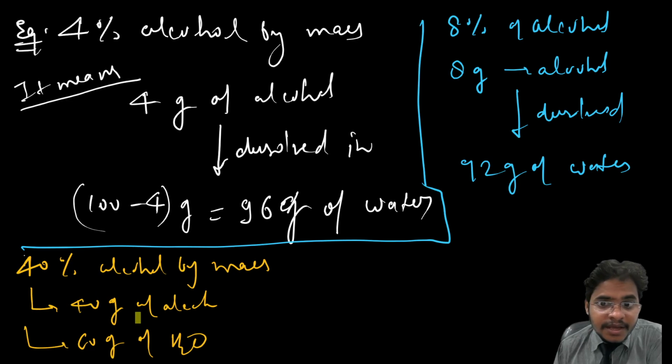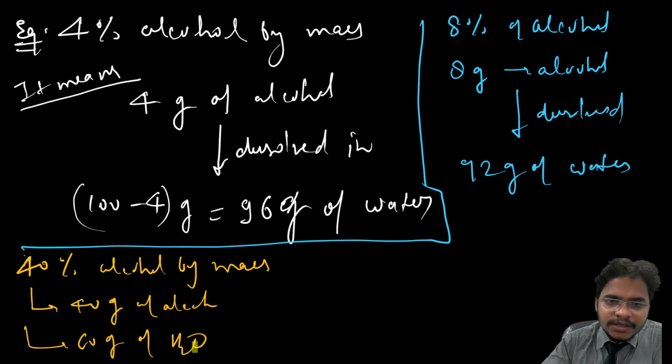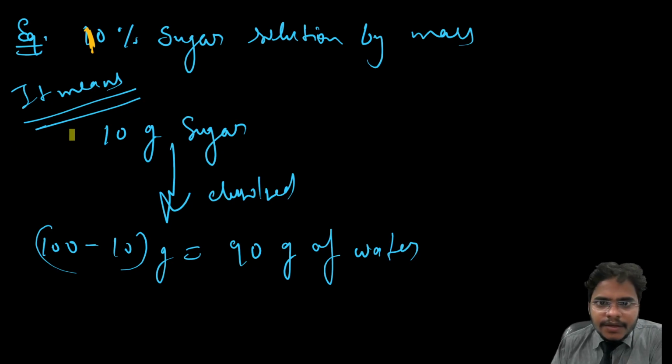It means the 40 gram of alcohol dissolved in 60 gram of water. And we have an example like 10% sugar solution by mass. It means that 10 gram of sugar dissolved in 90 gram of water.